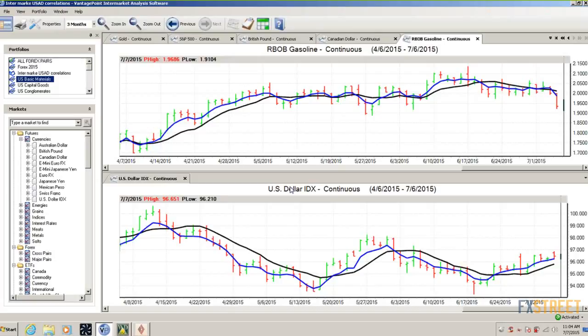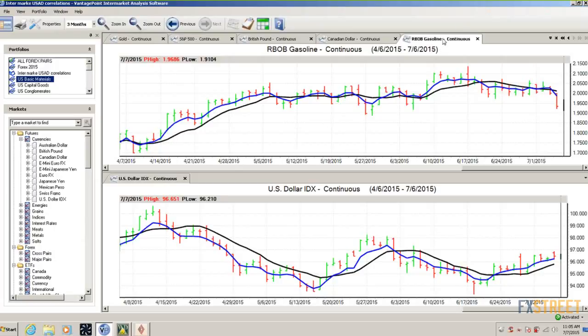So what I've done is I've split my screen here. You can see that I've got the US dollar index sitting on the bottom, and then I've got a number of different things up here. One thing I don't hear a lot of analysts talking about is the RBOB gasoline contracts. This is a little perplexing to me personally, as an analyst and as a licensed CTA, that people are not advising their clients a little differently when it comes to trading the foreign exchange market and even certain commodities.